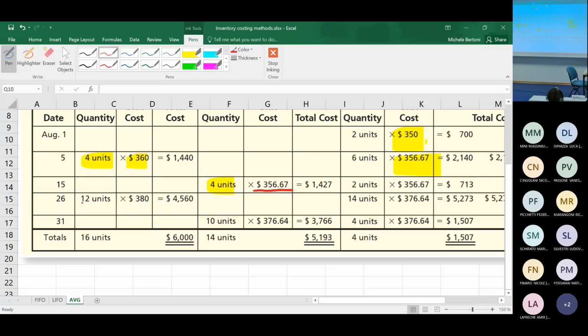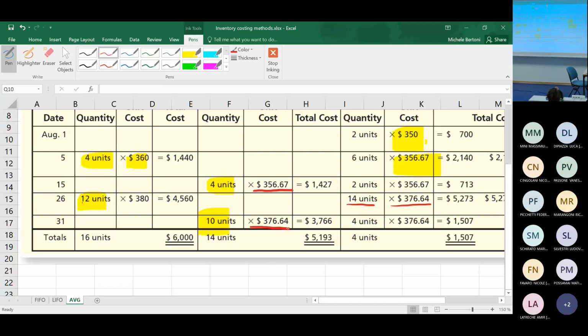When you buy 12 units, this is going to change the cost of the inventory because now you have 14 units and the average cost of 1 unit is 376. It changes because we need to recalculate the average cost every time. So when you sell 10 units, the cost of goods sold will be based on the new average cost.